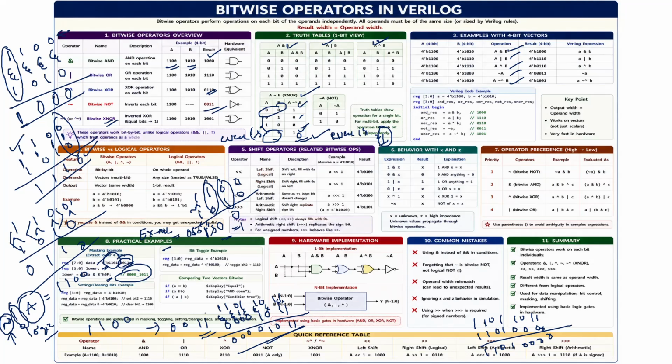So how are the bitwise operators implemented in hardware? Basically we are using the AND operation, OR operation, exclusive OR operation, NOT operation. All these things are gate level simulation. So gate level conversions are the hardware implementation of your bitwise operators. And don't use this double and, this is a logical operator.